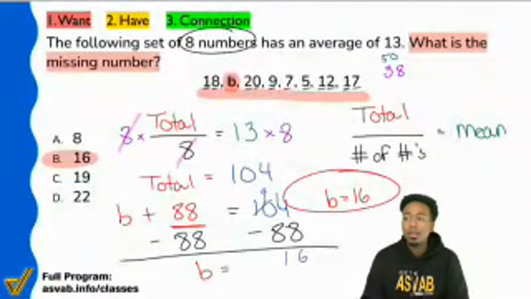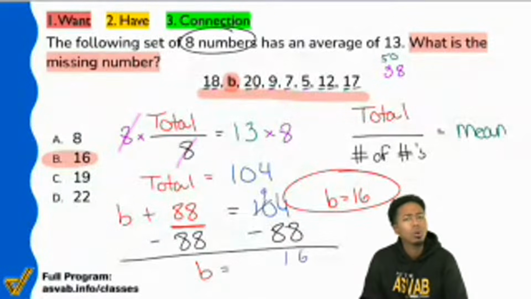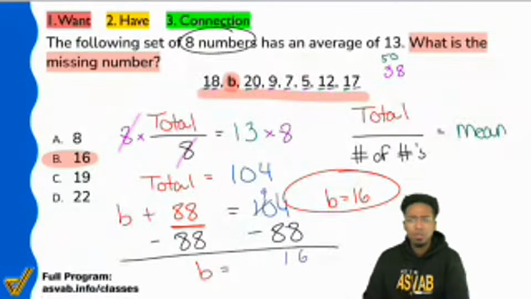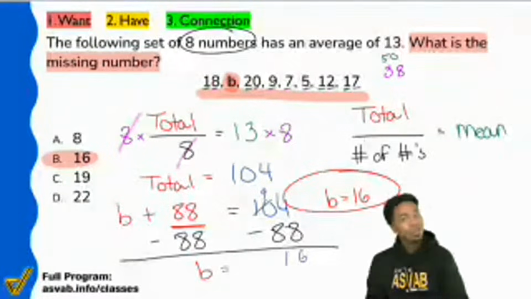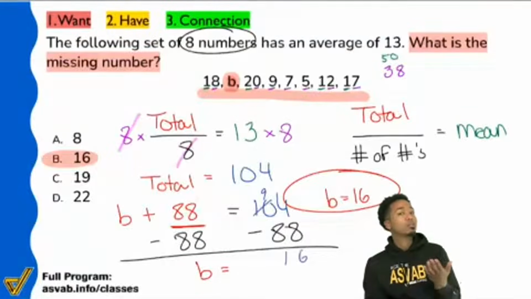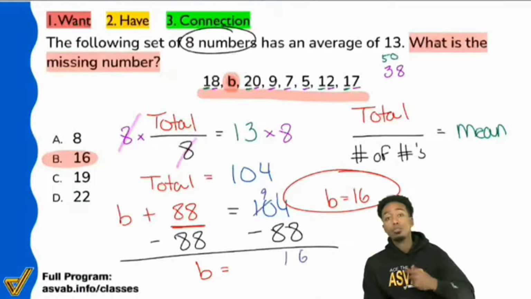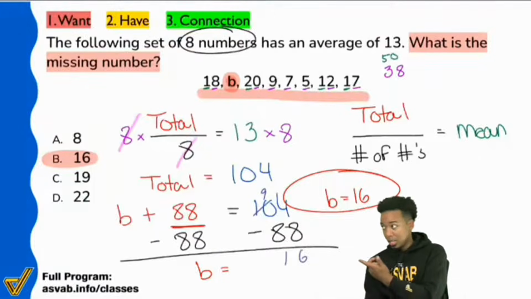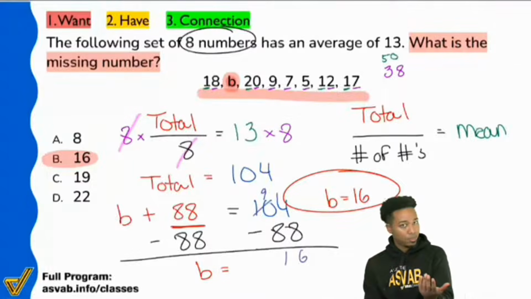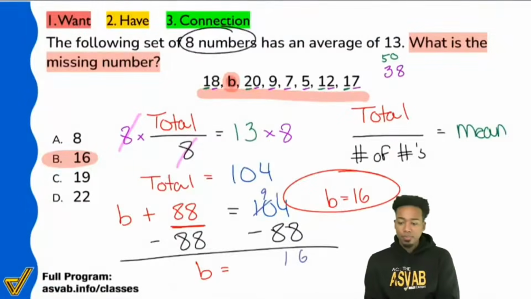If they say that the total of all the numbers is something, then yeah, you know how to work with that. If they tell you that all of the numbers multiply to get to this, you know how to work with that because you know how multiplication works. So the answer to that question from me is, if they don't give you the average and you're looking for a missing number for a set of numbers, it's not an average problem. There has to be something else. There has to be another clue.